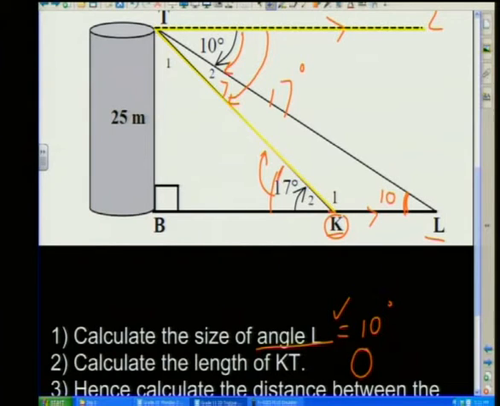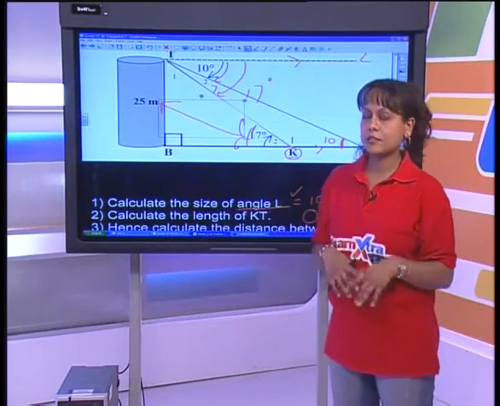And the side that we are given is opposite. But be careful, because if you look at 17, the other side that's adjacent to it is BK. So how do you decide? Is TK the adjacent side, or is BK the adjacent side?